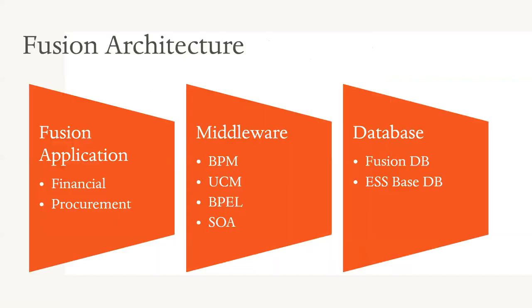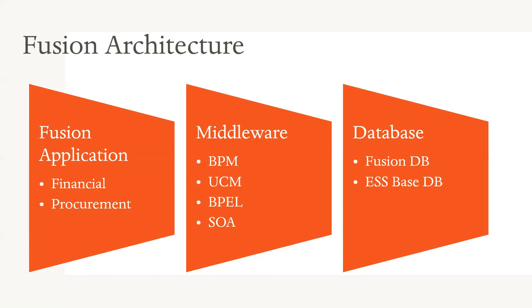Then we have the Fusion architecture. So how did Fusion come up with this architecture? If you see here, you will see the Fusion application. So what is the Fusion application? It is made up of financials, procurement, supply chain, project accounting, and so on. In EBS we call these modules, but in Fusion they call them offerings and options.